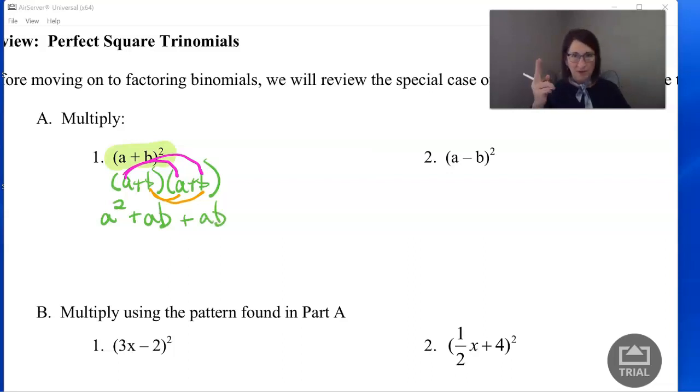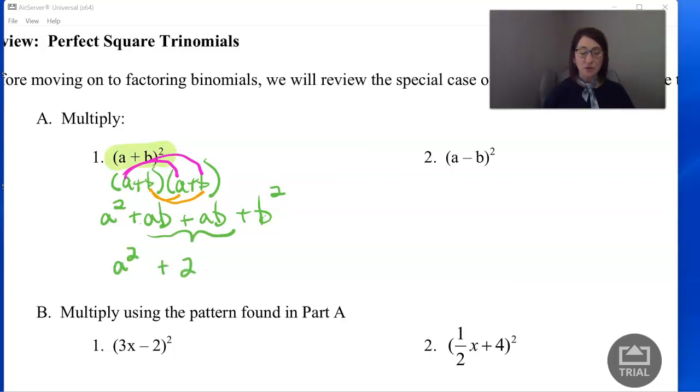I can just switch the order because it's multiplication. And then plus b squared. Then I combine like terms, and so I'm left with a squared plus 2ab plus b squared. And so what we have here is a perfect square trinomial.